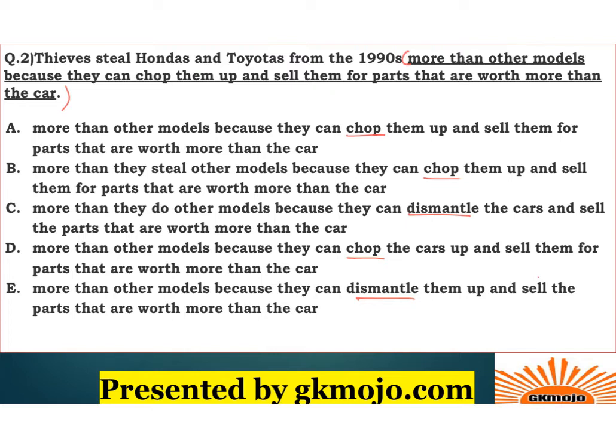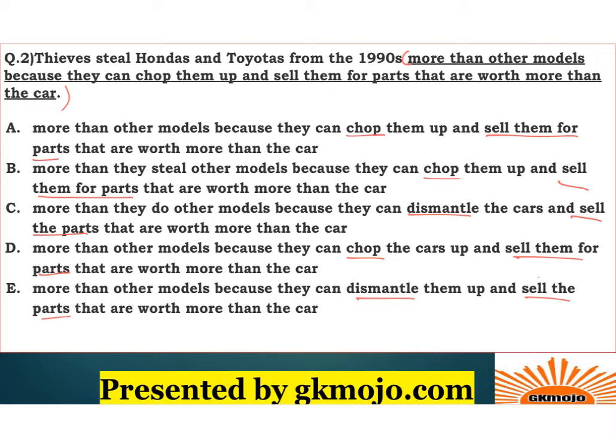Also the initial part of the answer options following the construction "more than" varies across the options. Some of the options use the construction "sell the parts" and some use "sell them for parts". So "sell them for parts" and "sell the parts" are two different things that are used here.